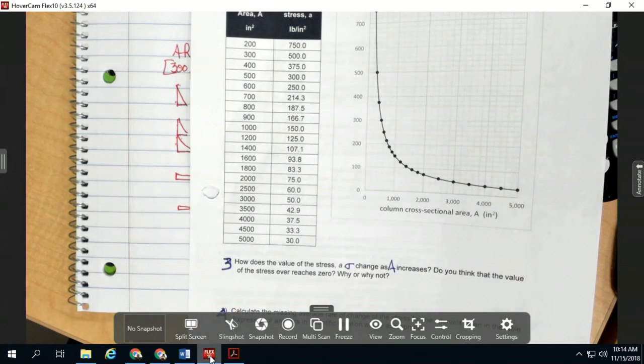It's going to fail at 1,000 square inches. Everybody see that? So we have to make it bigger than 1,000 square inches.